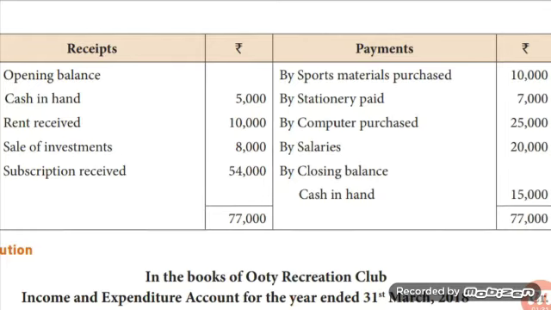I already told you, income and expenditure account is just like a profit and loss account. Children, all expenses will be shown on the debit side of income and expenditure account and all income will be shown on the credit side.